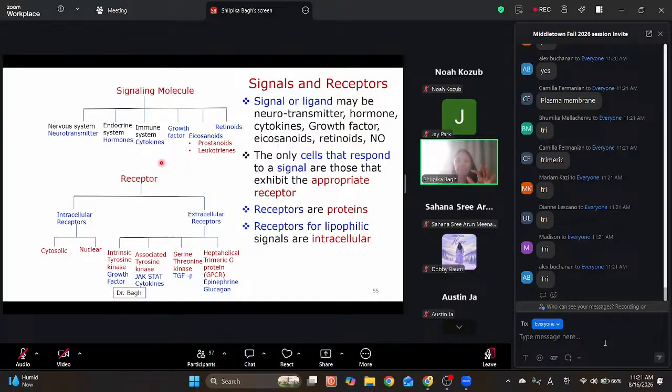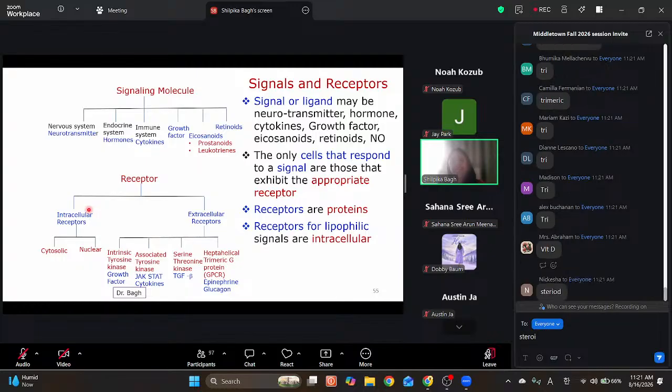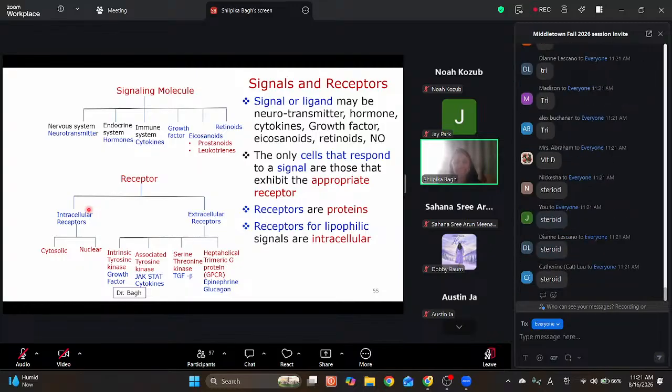So what did you do? You did the ligand: lipophilic, hydrophilic. Lipophilic, intracellular, cytosolic, nuclear. Example of lipophilic, anyone? Steroid thyroid superfamily, yes, anything that comes under that blanket. Then hydrophilic messenger, extracellular receptor, also known as plasma membrane receptors.